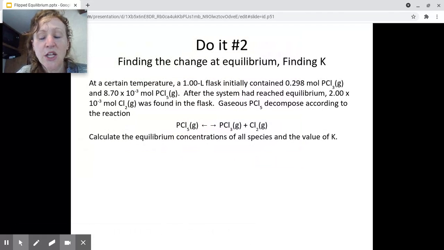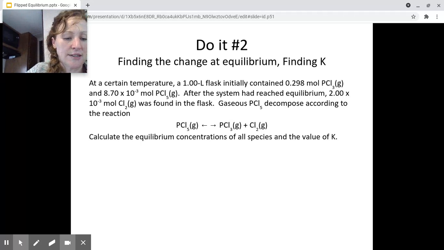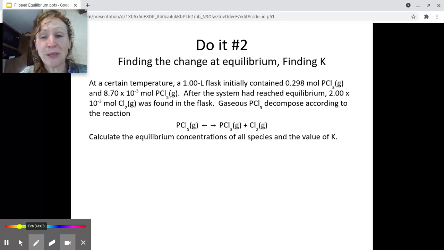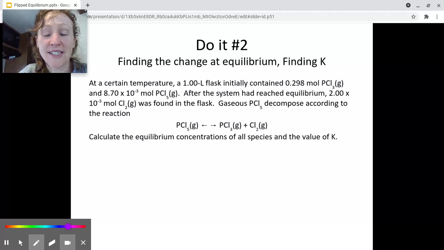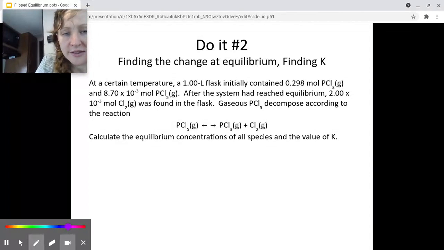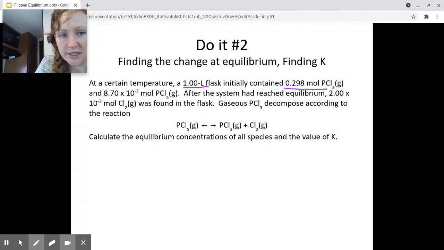Okay, number 2, we're going to find the change in equilibrium, finding K. So again, a good place to pause, try it, unpause, see if I approach it the same way you do. At a certain temperature, a 1 liter flask contained this many moles of PCl3, this many moles PCl5 after the system had reached equilibrium.